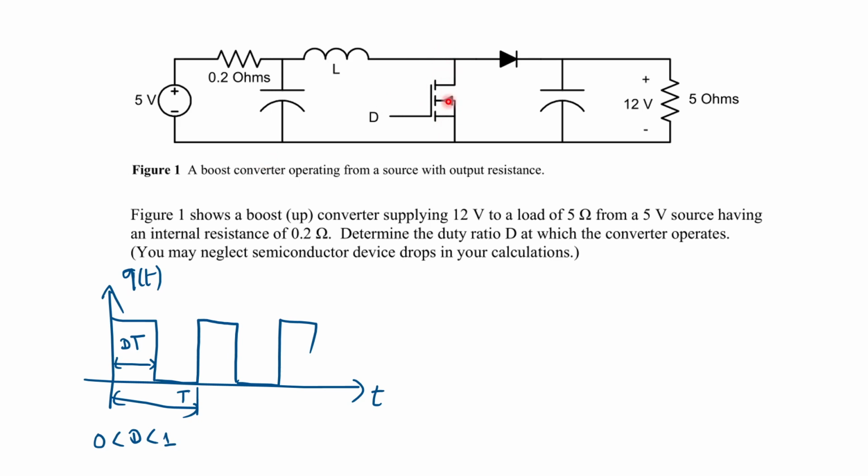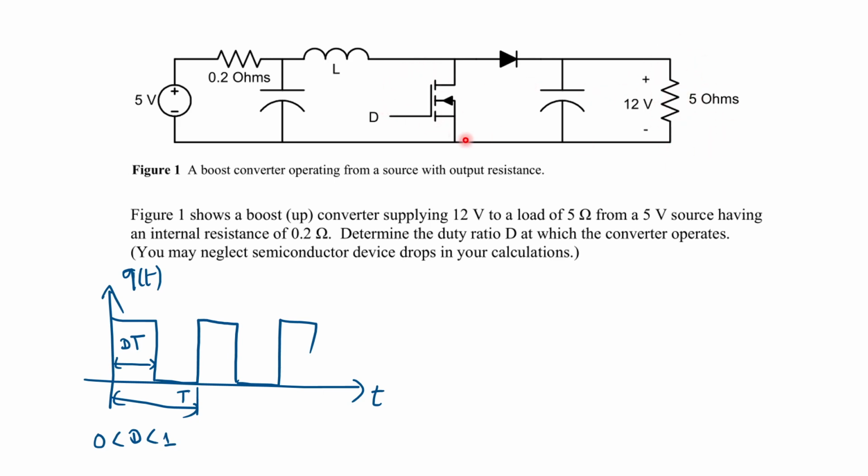When you switch on, the energy is stored in the inductor, because here you have a resistor which is an obstacle, so current does not flow this way. When you switch this one on, current will flow this way easily, right? Then when you switch this one off, the energy stored in the inductor will be released to the load. So in this way you can actually boost the voltage in here.